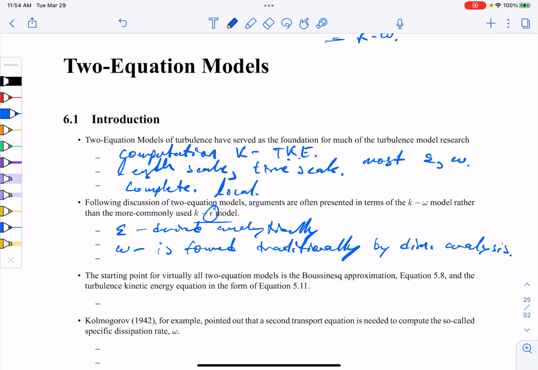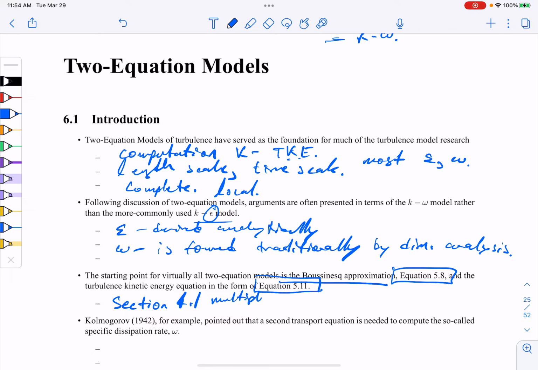And these all fall generally under the Boussinesq approximation, which if you look back in your last chapter was introduced in 5.8, and the turbulent kinetic energy, which we introduced in equation 5.11. So we've already derived these equations, and you can flip back in your notes to check them out. And I believe in section 4.1 of our notes, there are multiple ways to define, say, a length scale.